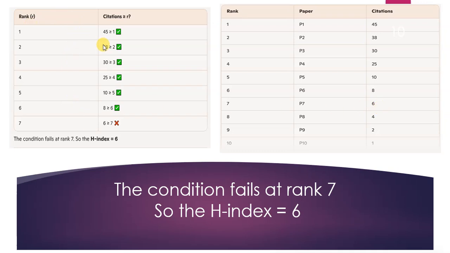In this table we show it. At first rank, 45 is more than 1, at rank 2, 38 is more than 2, at rank 3, 30 is more than 3. Just at rank 7, the citation number is lower than the rank, so the H-index is 6.